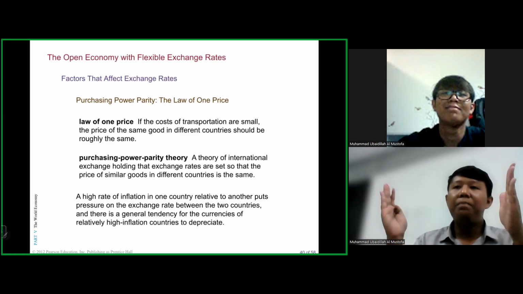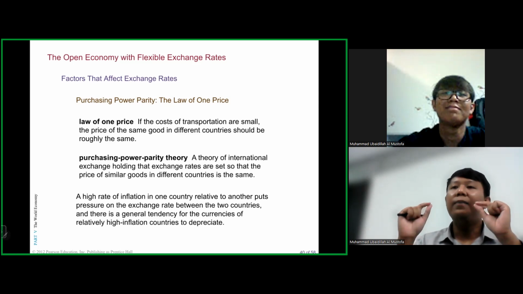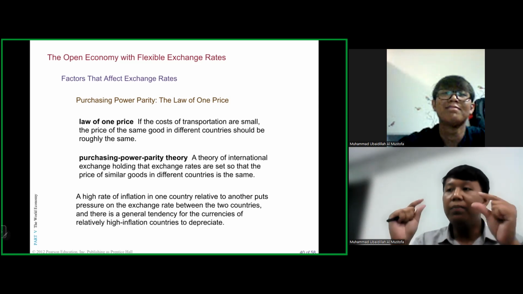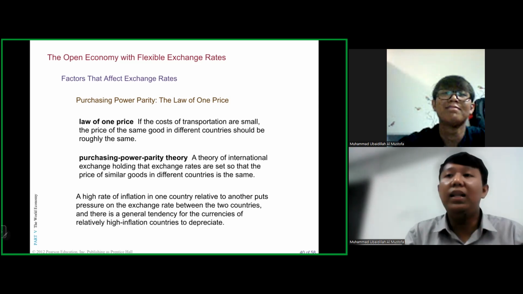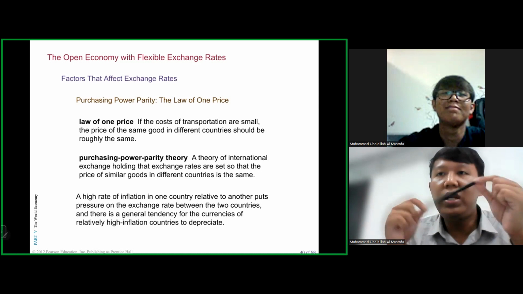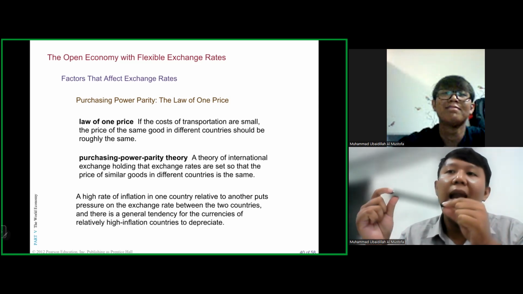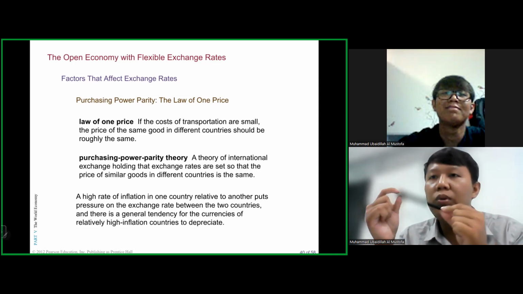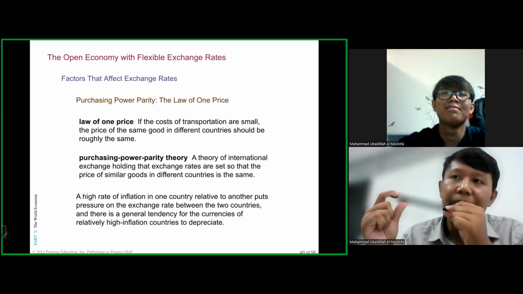So purchasing power parity is a theory which holds that the exchange rate is a variable which sets the price of similar goods in different countries to be roughly the same. The exchange rate will try to balance the prices of goods in different countries so that they become similar or the same.